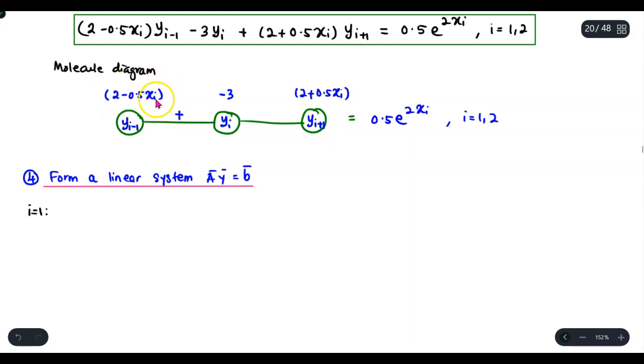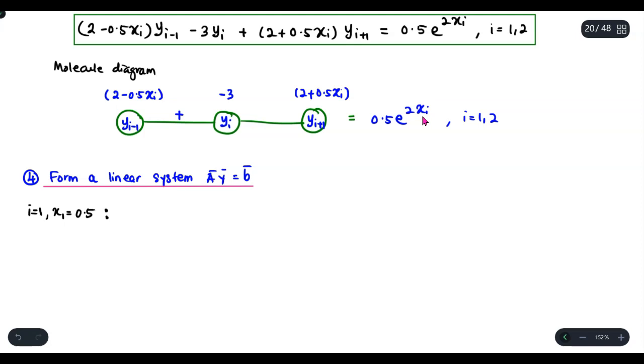For the coefficient, you are going to use x1 because your i here is 1, and at the right hand side you also need x1. Which you can see in your grid, x1 is 0.5, so you are going to use that.